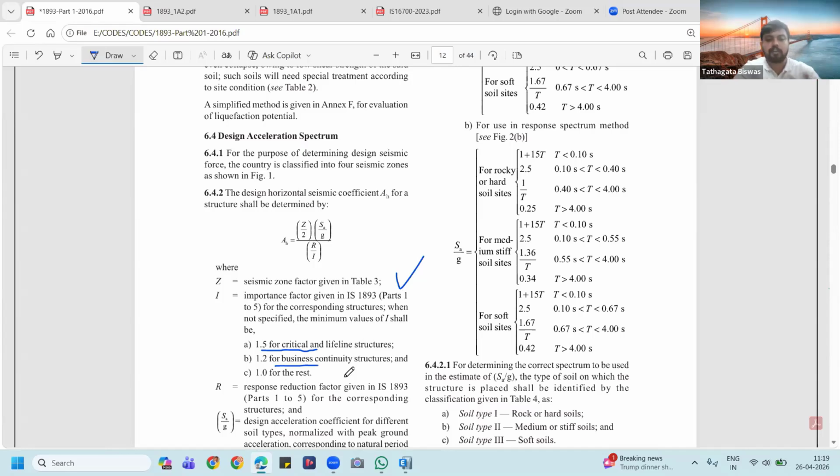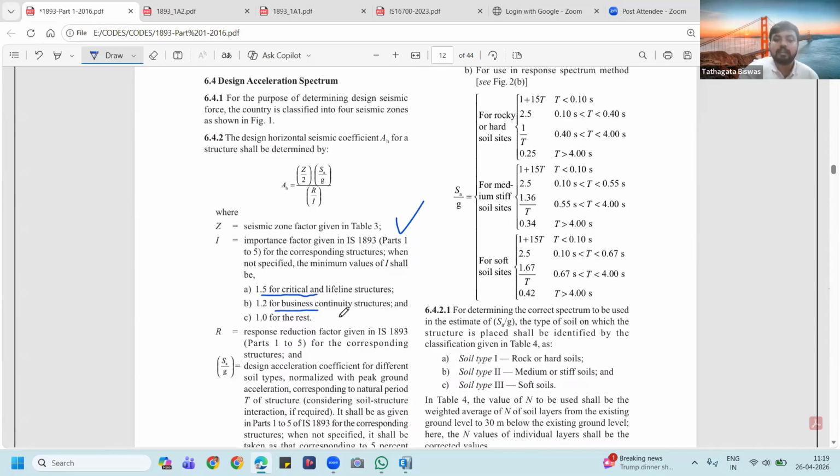For example, tech parks or commercial spaces where offices are located, or where the accumulation of people could be more than 200. In that case, you can take the importance factor as 1.2. And 1 is for the rest, like residential structures that are low rise or mid rise, small structures, villas, and all the other places. You can take the I value as 1, right?